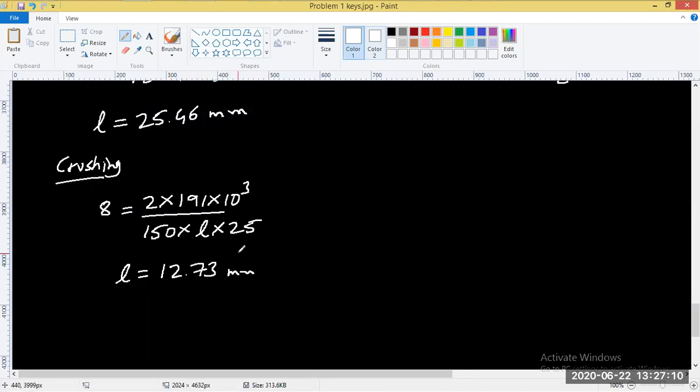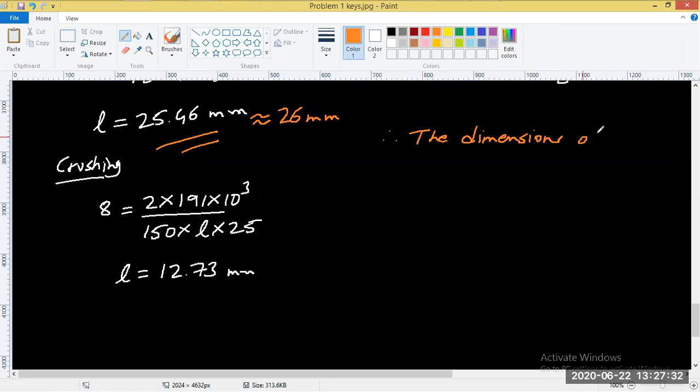Okay, so this being smaller, we'll choose the bigger one as our length, and we'll just approximate it so that it's rounded off. Let's say 26 mm somewhere. So you write the conclusion. So therefore, the dimensions of the square key is 8 into 8 into 26 mm.